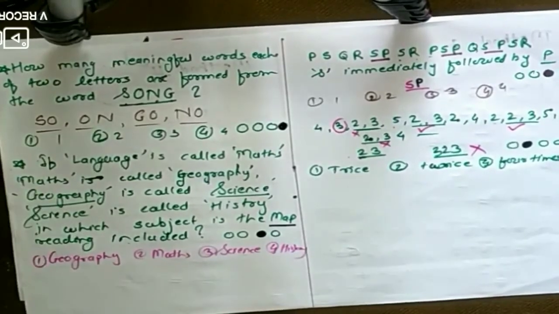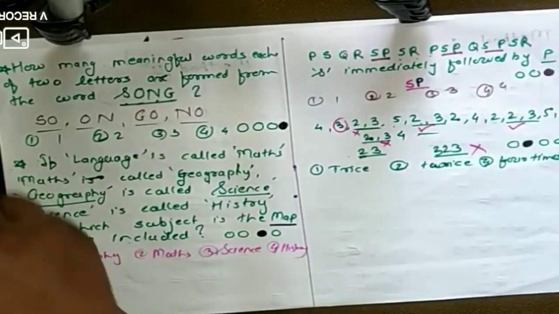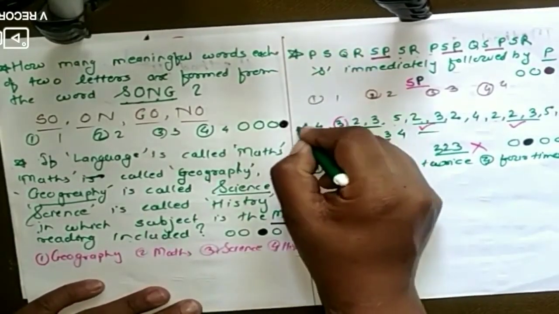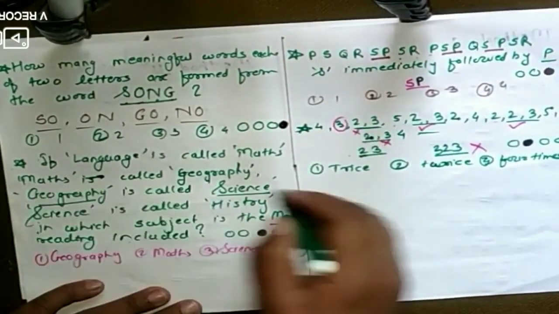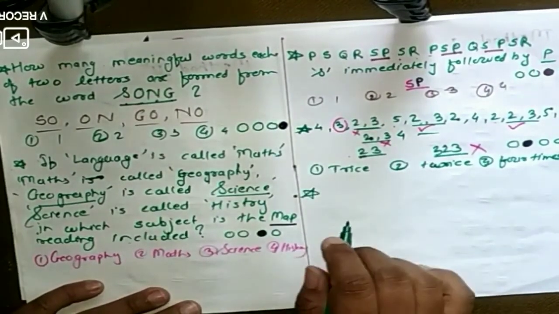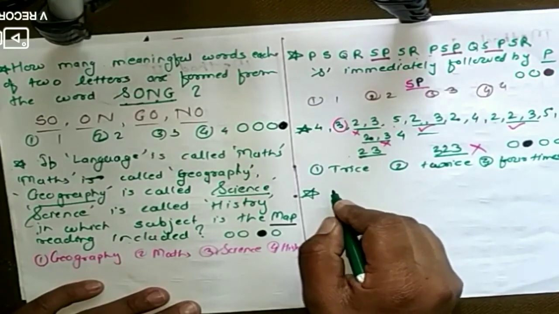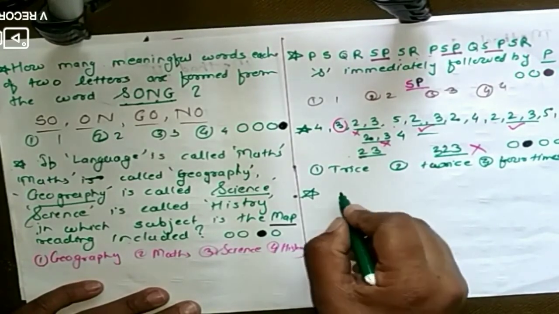Okay, so such types of questions are there. Again we will see one more question. Again this number series only is there. So in this question, we will write the question first.